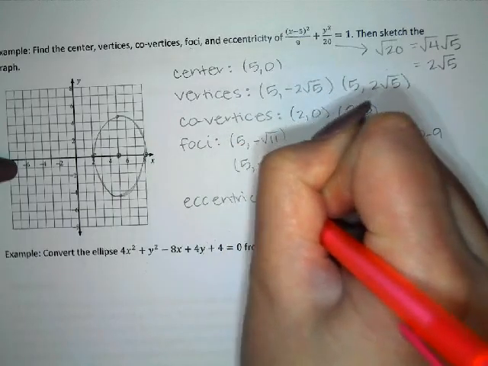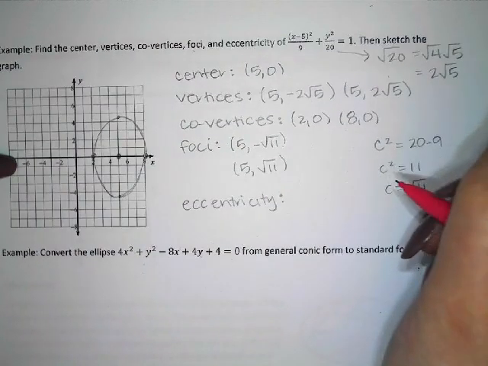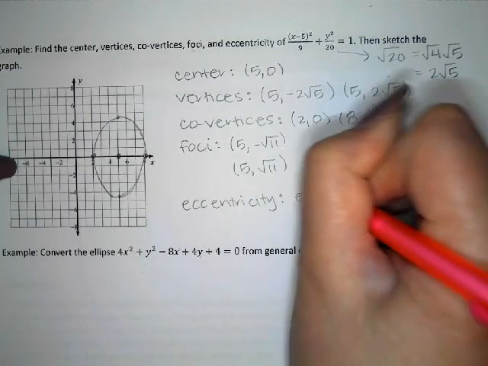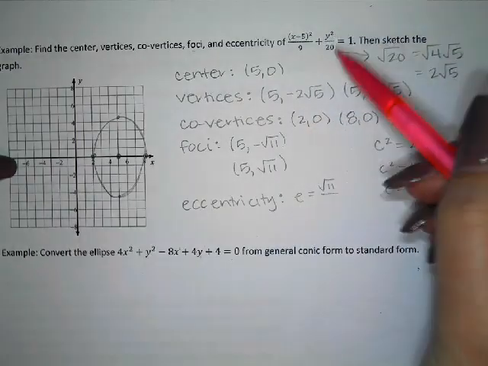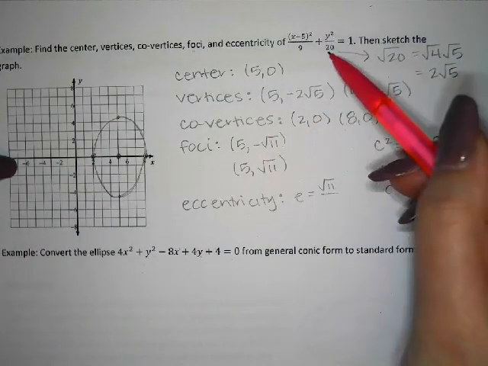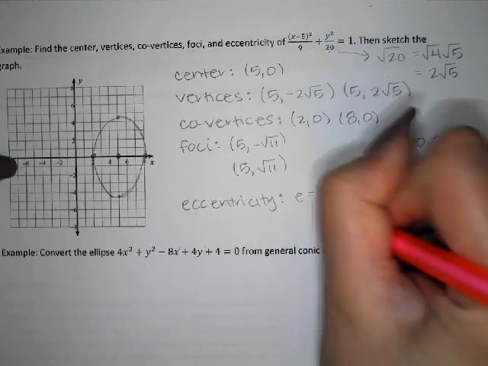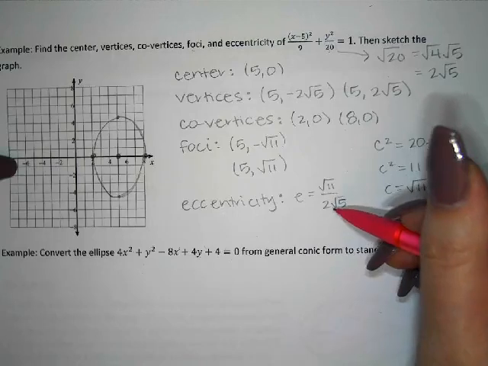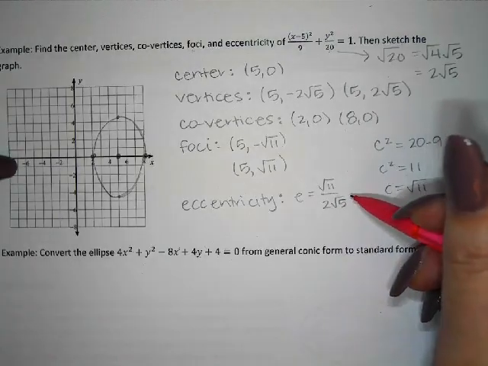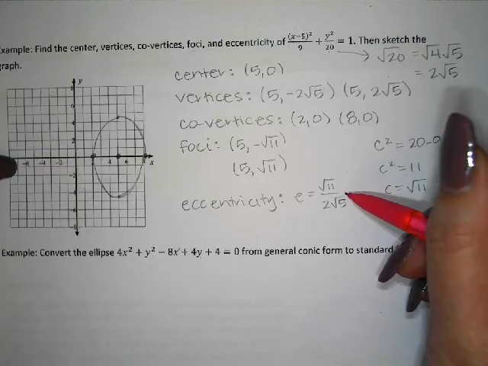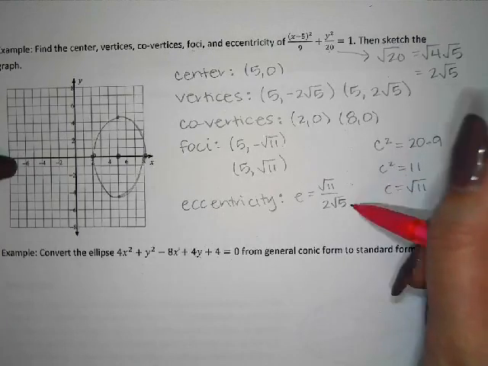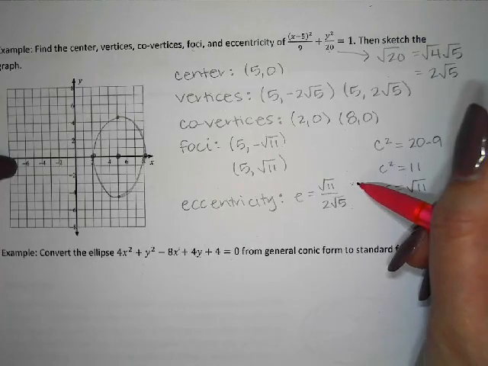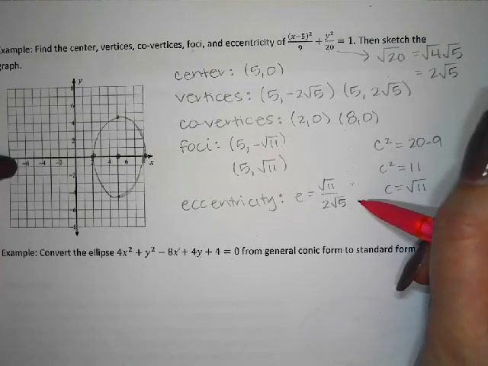This graph is a little bit more squashed than the last one. So we're going to do e is c over the bigger number, 4.5 is bigger than 3, so we're using this one, root 11 over 2 root 5. If you had to leave this in this format for the final answer, then you should rationalize the denominator. So we would multiply by root 5 over root 5 on the top and bottom. And that would be root 55 on the top, and then 2 times 5 is 10 over 10.